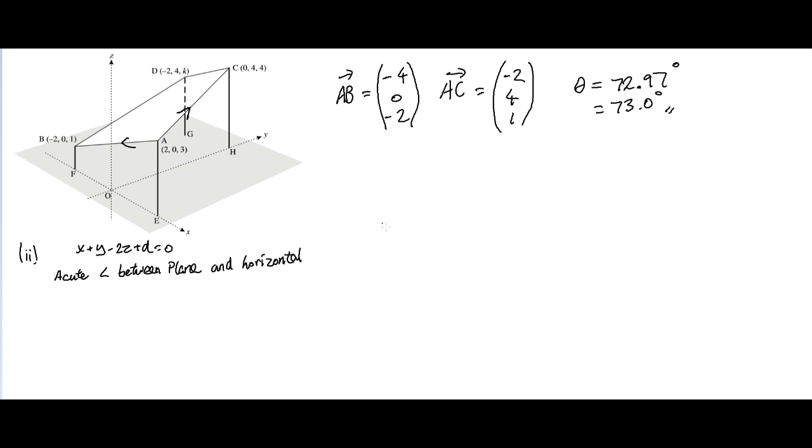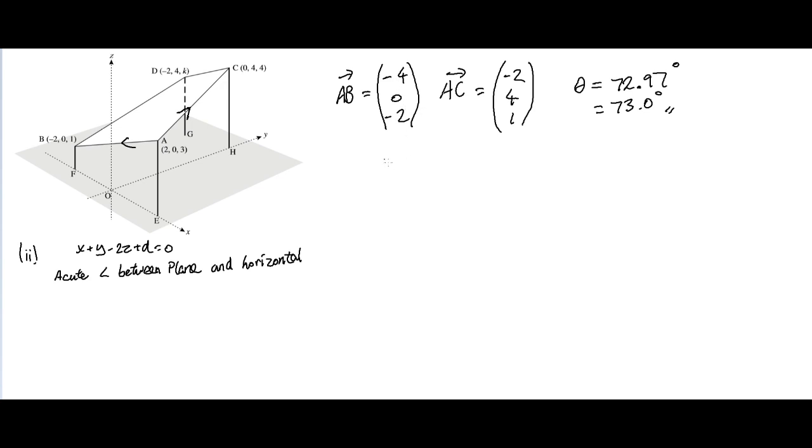So part 2, we need to verify that the plane equation is this. To verify this, we just need to find its normal vector and make sure that it is perpendicular to both AB and AC, so that the normal vector of the plane is perpendicular to the plane.